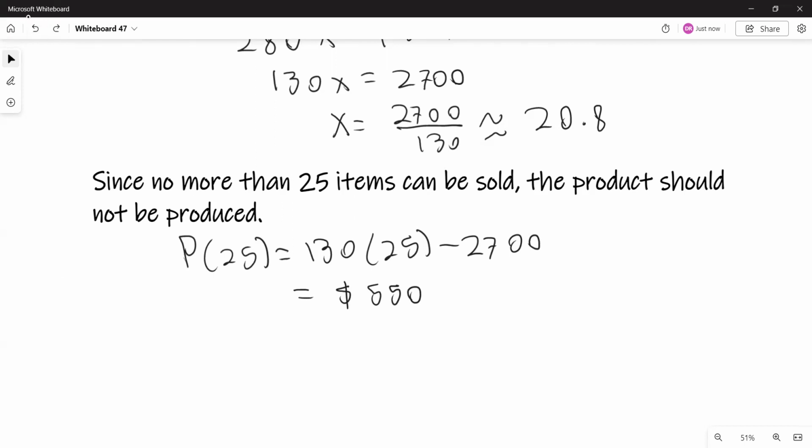This is 550, and this is the maximum profit. So it's not worth it. If the fixed operational costs are 2,700 and all you can make is $550, looks like it's not worth producing this item and trying to sell all the items. So this is it. Thank you for listening.